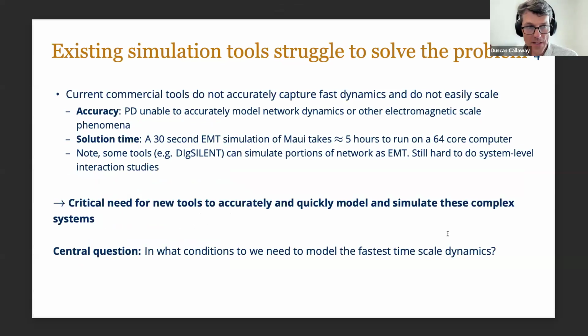So when we think about existing simulation tools, commercial tools, they don't typically accurately capture the fast dynamics and or they don't easily scale. If we think about accuracy, a phasor domain simulation, which ignores those fastest dynamics, is typically unable to accurately capture network dynamics or other electromagnetic scale phenomena.